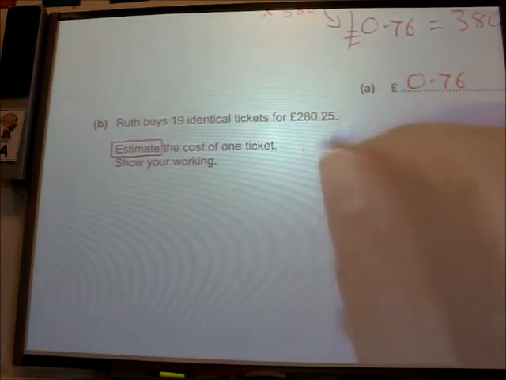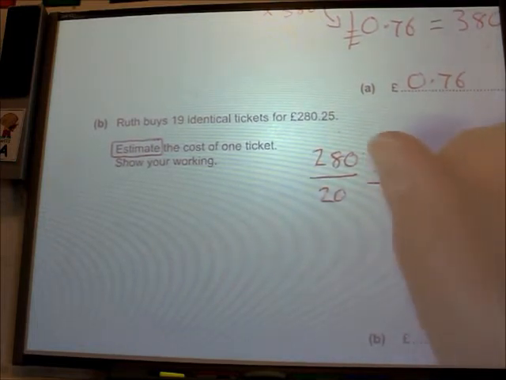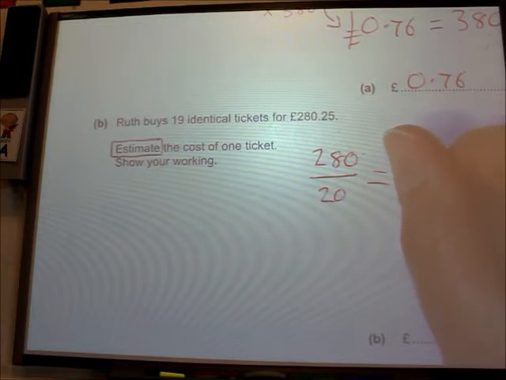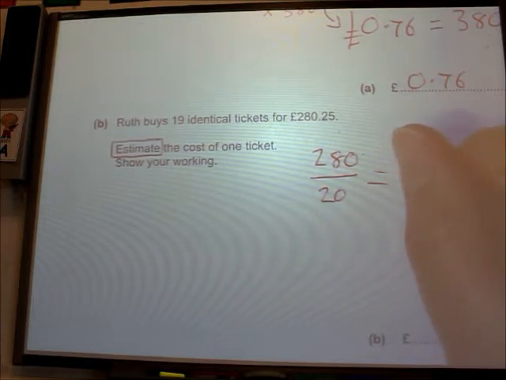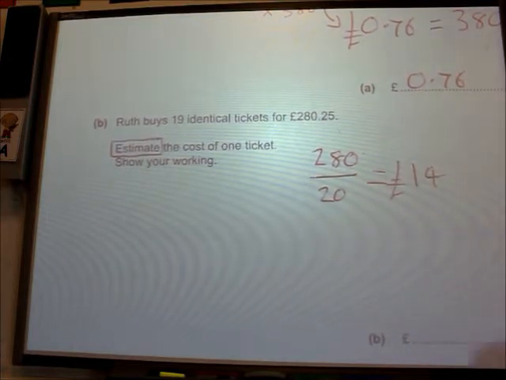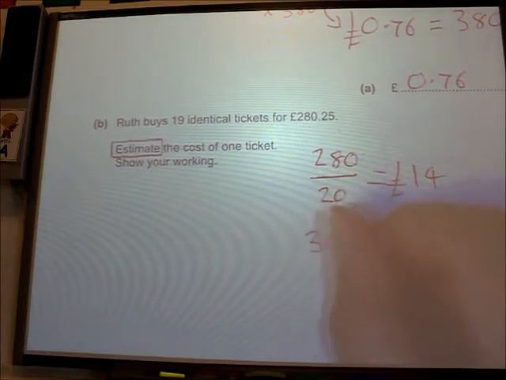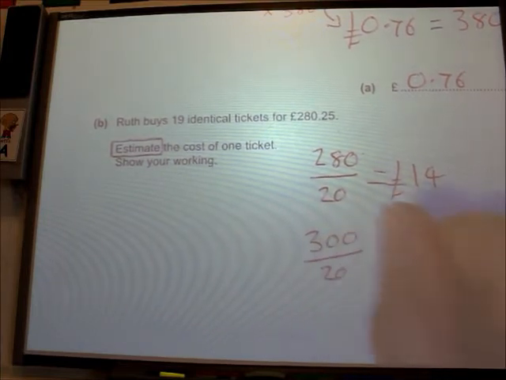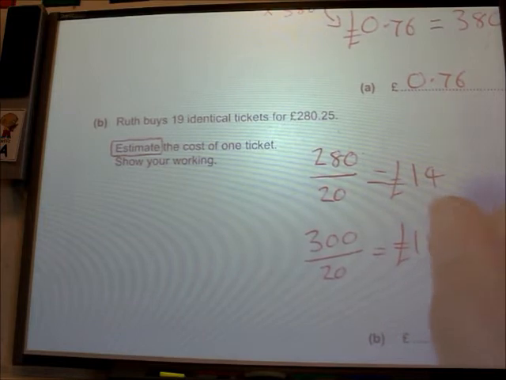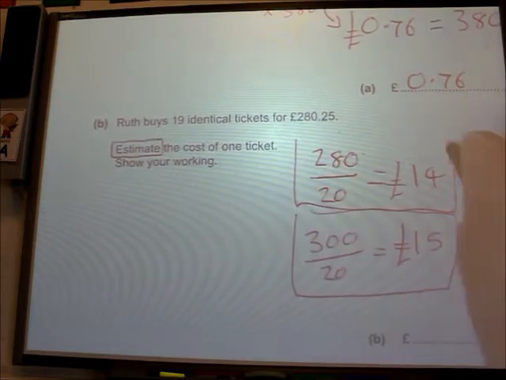So you've got to round that to 280, and you could divide that by 20, and that will give you 14. So that will give you £14. Or the mark scheme said it would accept you doing 300 divided by 20, which would give you £15. As long as you've shown one of these sets of workings, you'll be absolutely fine.